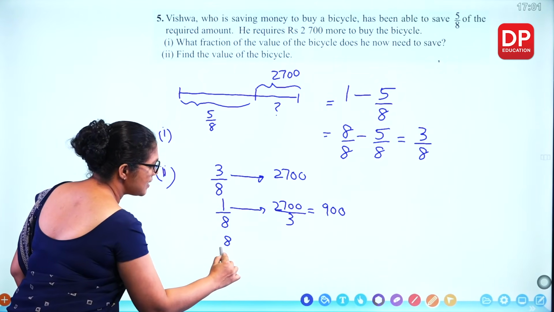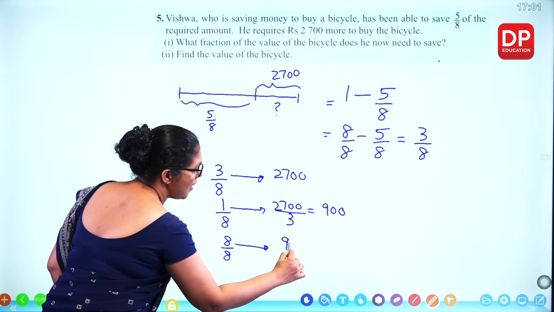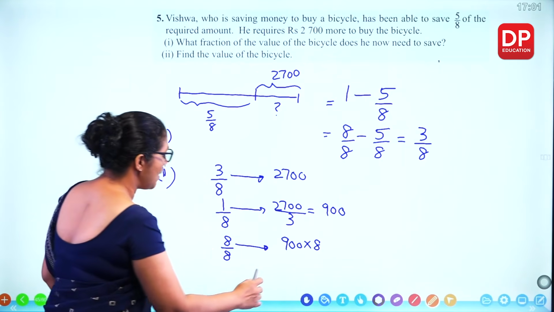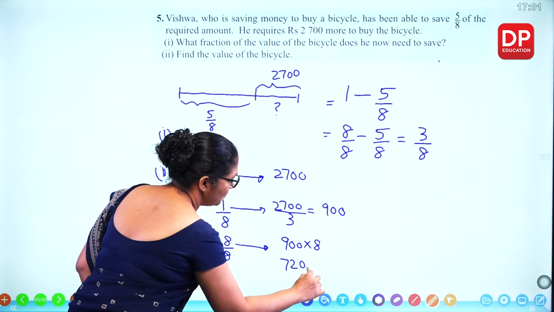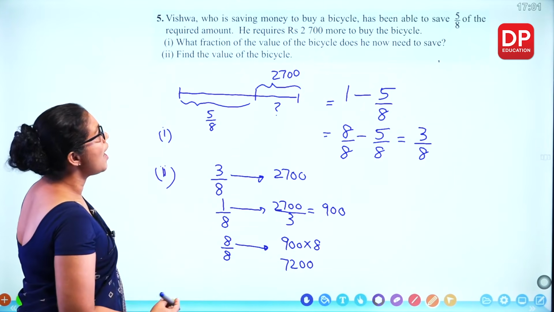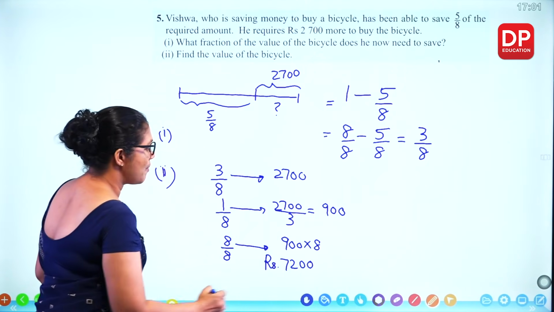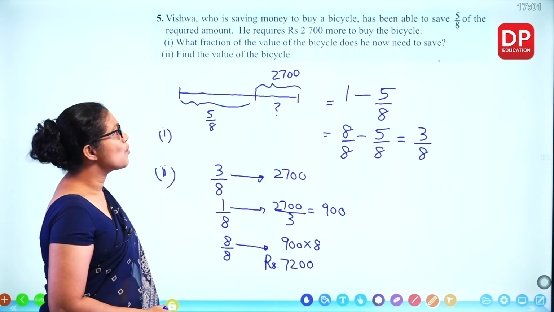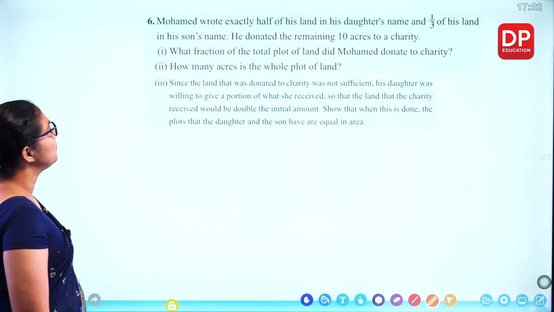That means 8 parts you need. So 900 times 8. So what's the full amount he needs? 8 times 9, 72. 7,200 rupees. So here the total amount he needs to buy the bicycle is 7,200. Now we'll take the next question.